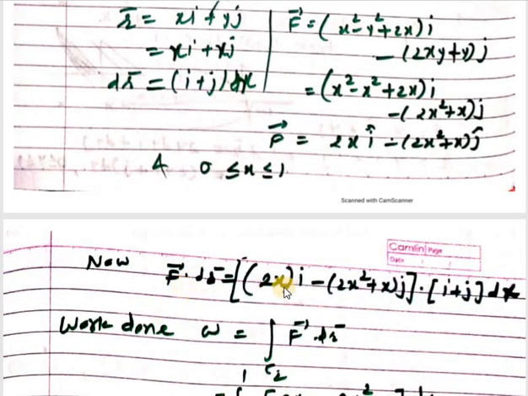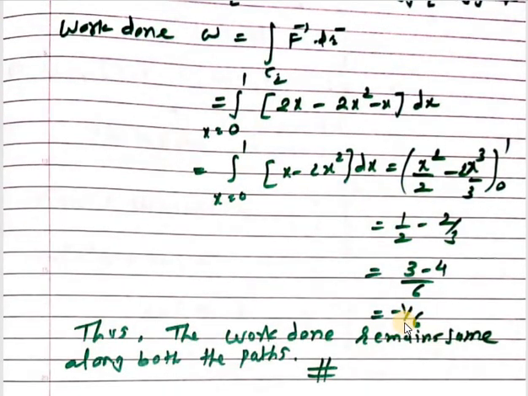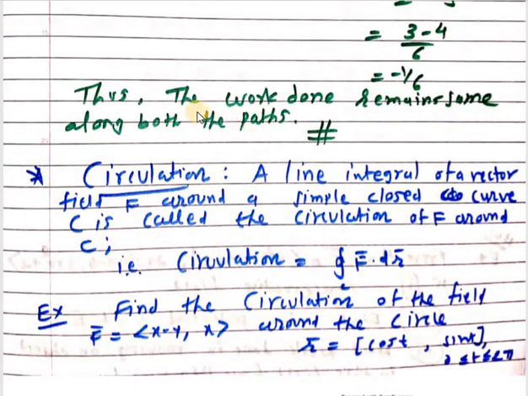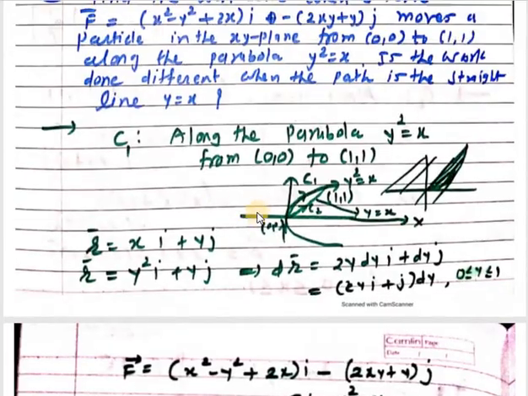But now f bar into dr bar is equal to this one as we have determined. When we take its dot product and simplify, what we get is minus 1 by 6. So this is the work done. And so ultimately, if we consider any path, from the parabola or otherwise the straight line, in both cases the work done is the same.